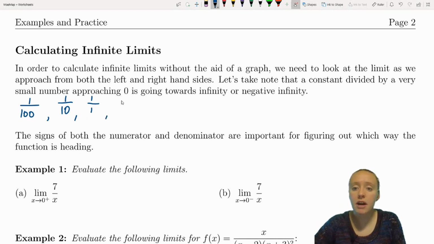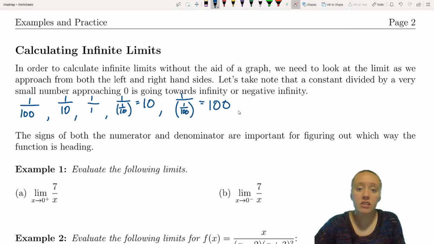Or let's think about if I divided 1 by 10. Now I would have 1 over 1/10, which equals 10. Or if I continued on with this pattern, 1 over 1/100 is going to be equal to 100, and so on. As my denominator gets smaller and smaller, my overall number gets larger and larger.